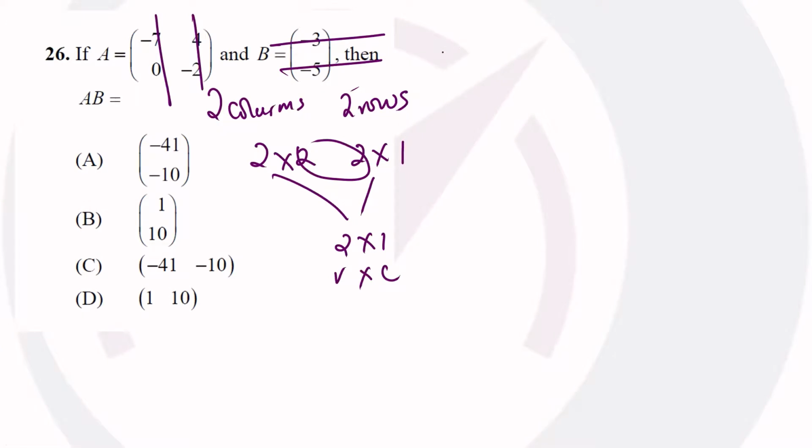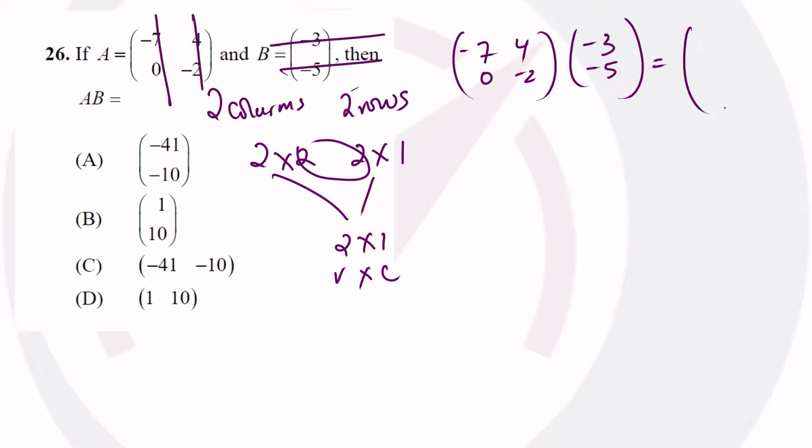So AB, we have -7, 0, 4, -2, and then we have -3, -5. Let's multiply now. So what element will come here? Row 1, column 1. Let's just call it AB, row 1, column 1, and the AB element that's going to be in row 2, column 1.